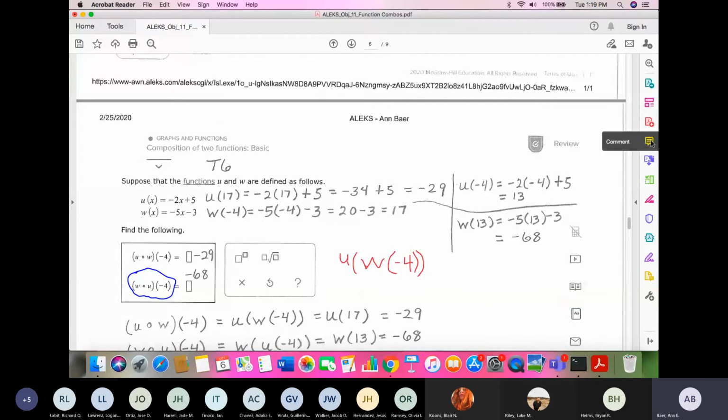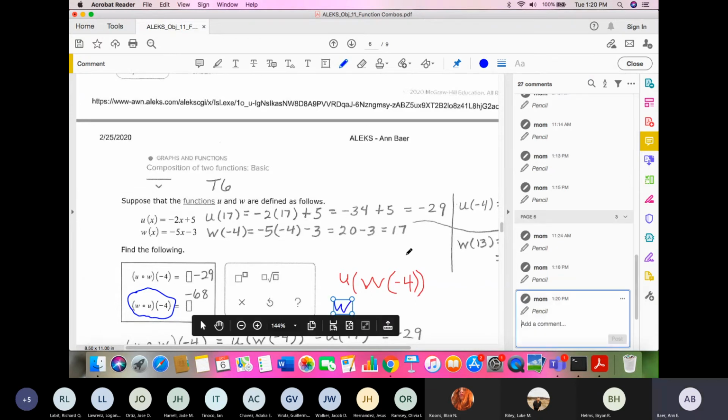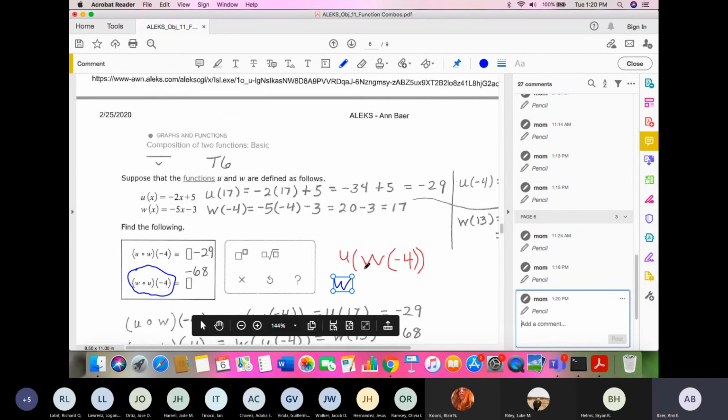And I realize I need to go back and get my special tool here to write down W. And then what do I do? After you write down the letter, you want to write down a parenthesis. The next letter is U, so you write down U, and then parenthesis.